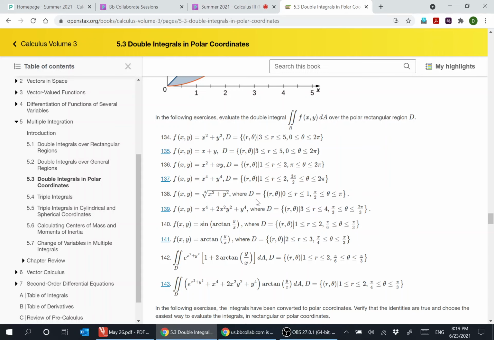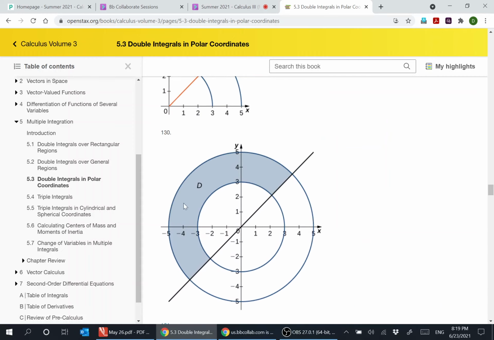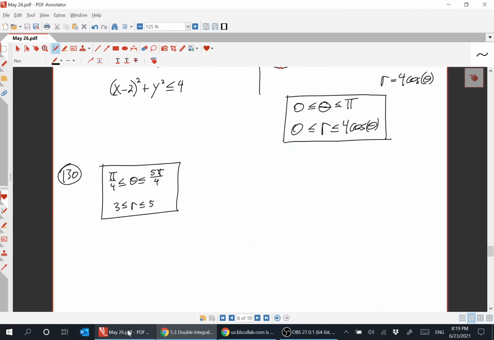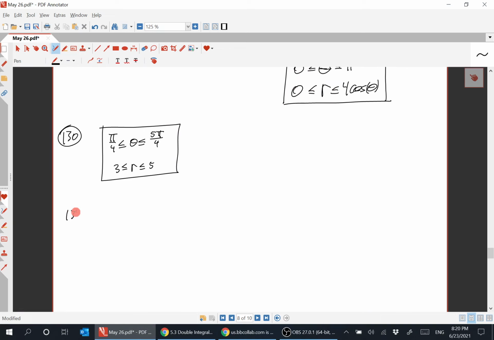So in 134 we have the polar rectangle from r equals 3 to 5 and theta from 0 to 2 pi. So that's this picture all the way around, this whole annulus. This ring is called an annulus. So we've got a circle of radius 3, a circle of radius 5.